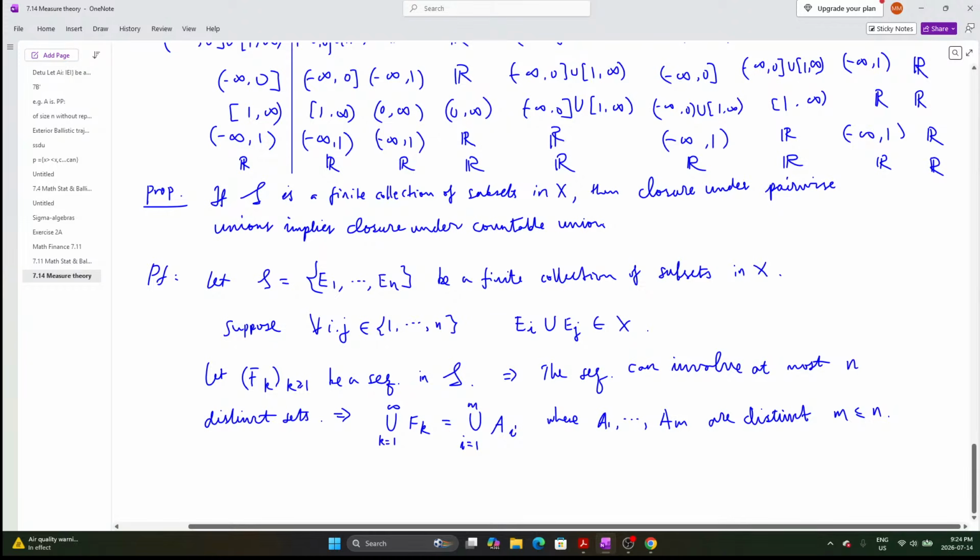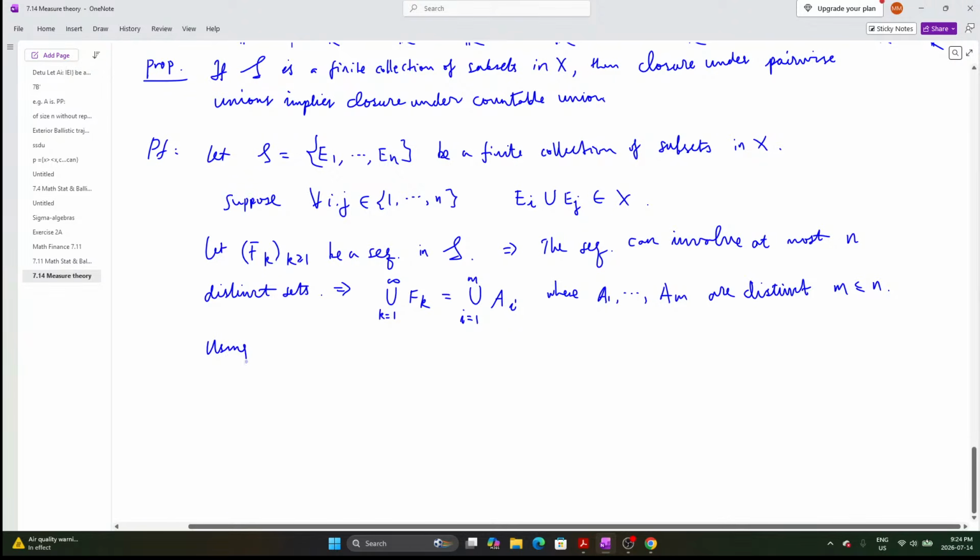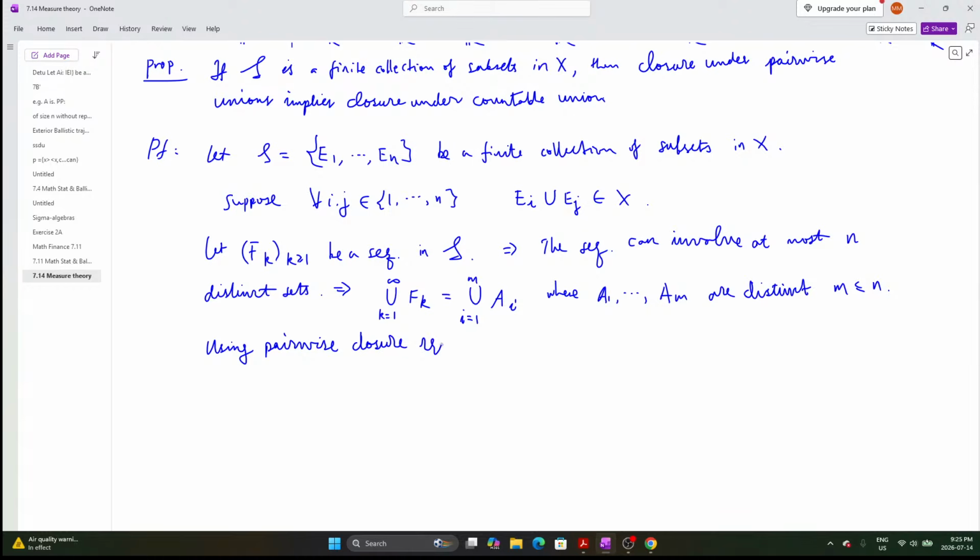So you can just use the pairwise closure repeatedly, and you get A1 union A2 is in S. A1 union A2 together union A3.